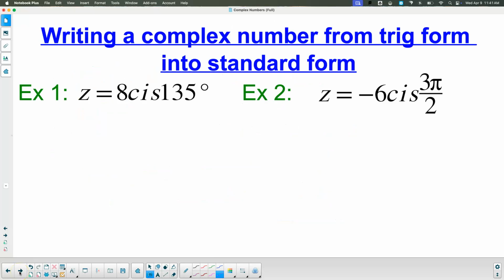Now, going the other way. So now we're in trig form. We want to get back into standard form, rectangular form, a plus bi form.